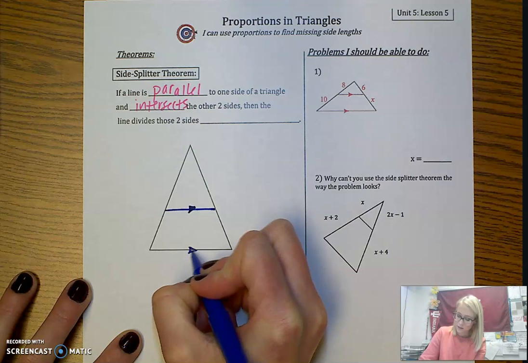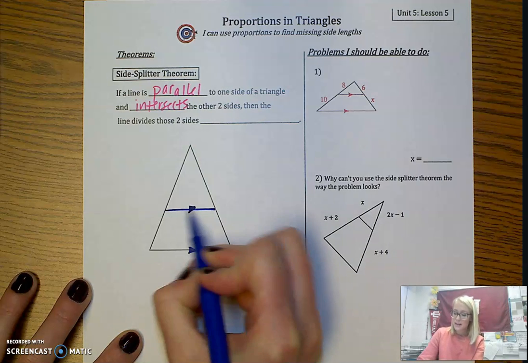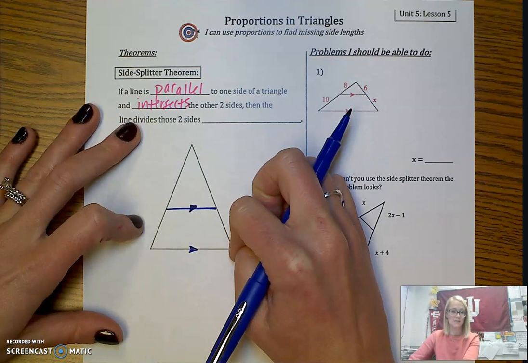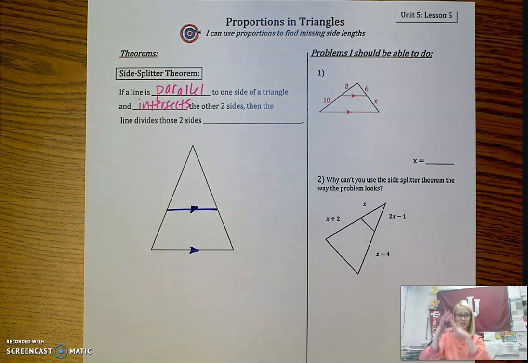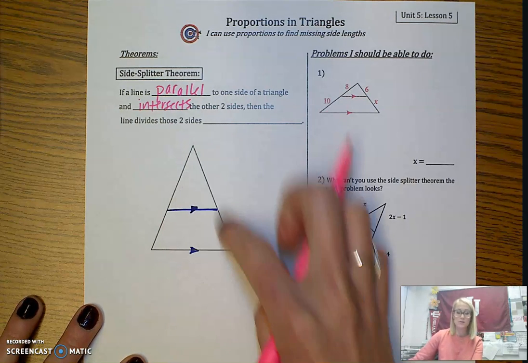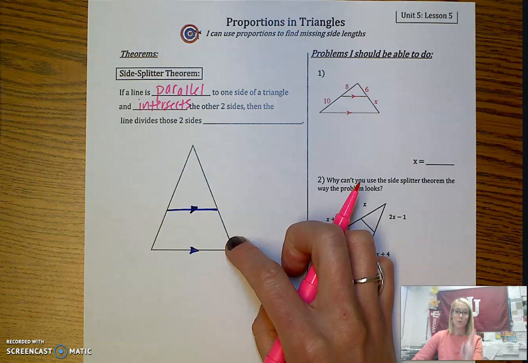So we'll call it parallel to this one down here. And this new line that I drew intersects the other 2 sides of the triangle. That's the visual they're talking about. When this picture happens, this line divides these 2 sides that it's hitting proportionally.